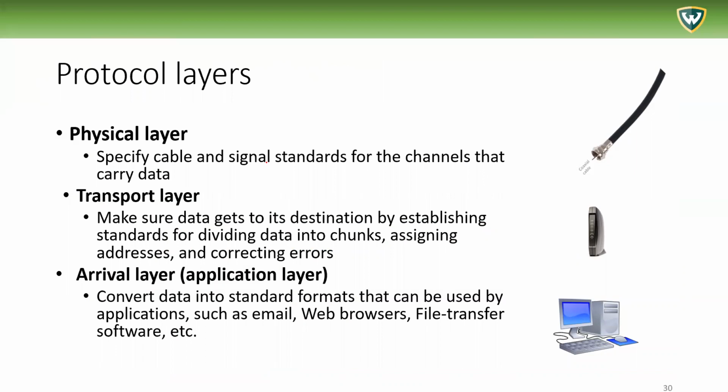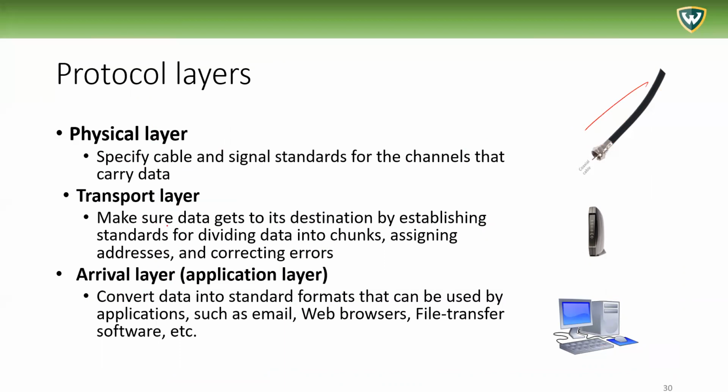I wanted to summarize some of the important ones here and get this point across. There is a physical layer. The protocol specifies how the cable and signals should work, how the voltage should be sent over the coaxial cables or the other kinds of cables to carry the signals.